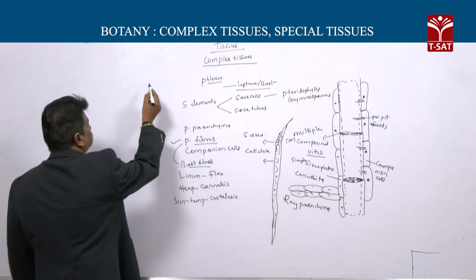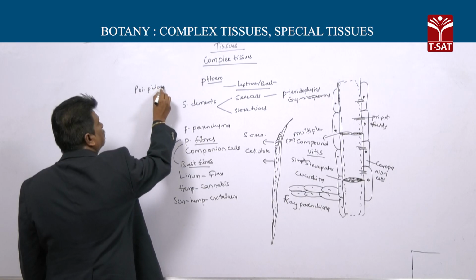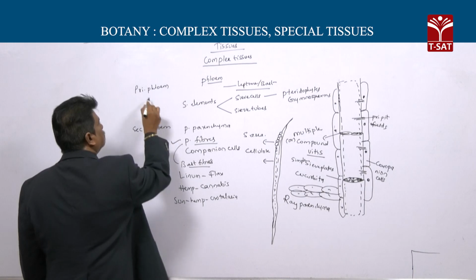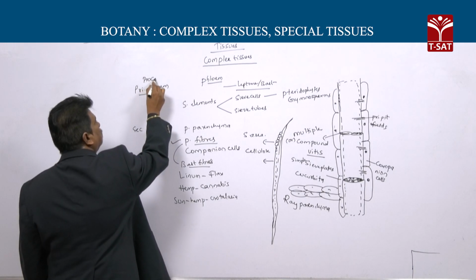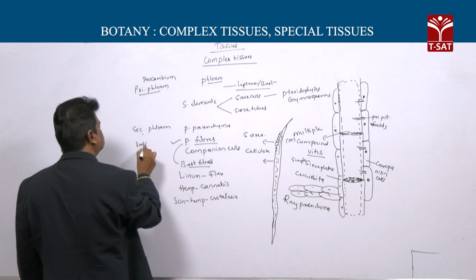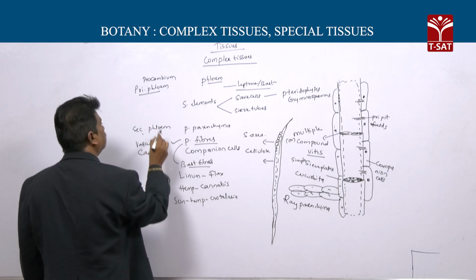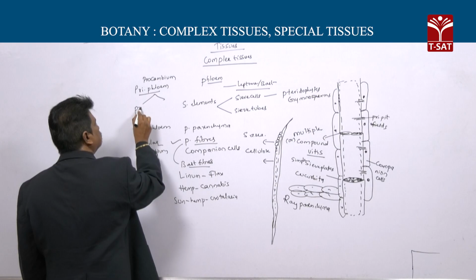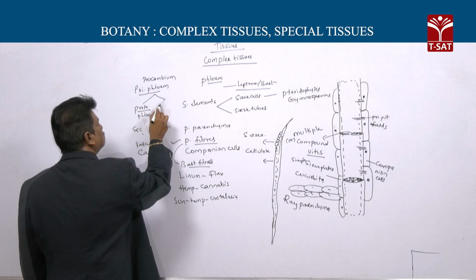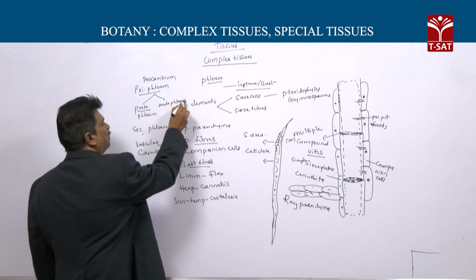Then like xylem, even phloem is of two types, primary phloem and secondary phloem. Primary phloem is formed from procambium. Secondary phloem is formed from vascular cambium. Then primary phloem is of two types: protophloem, that is first formed phloem, and metaphloem, later formed phloem.